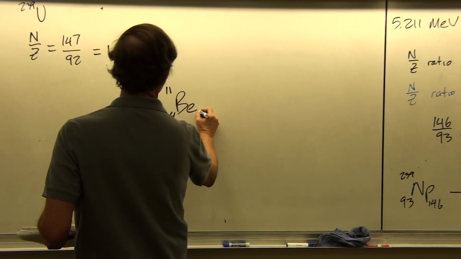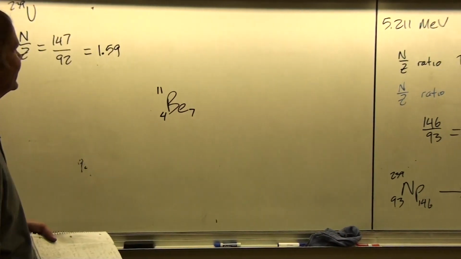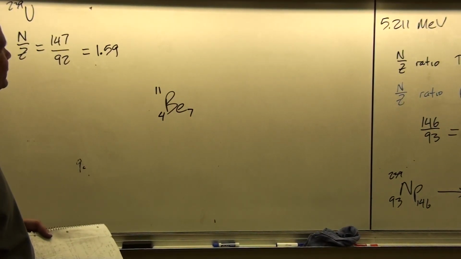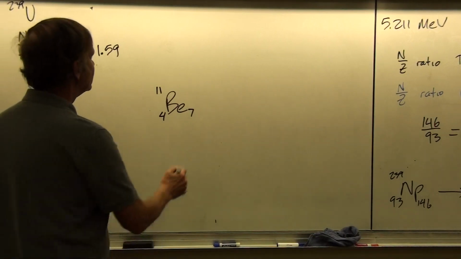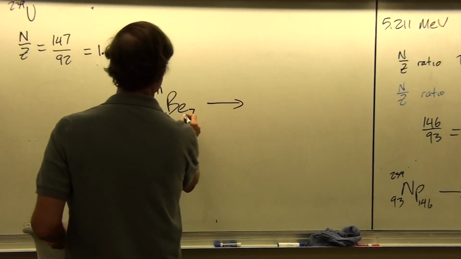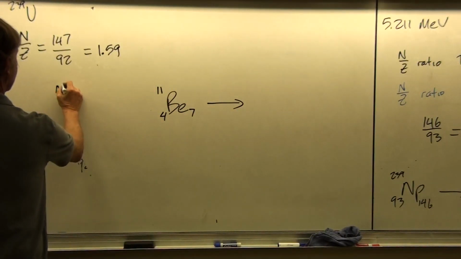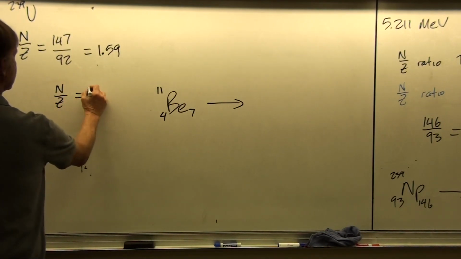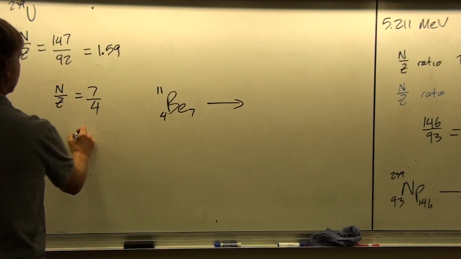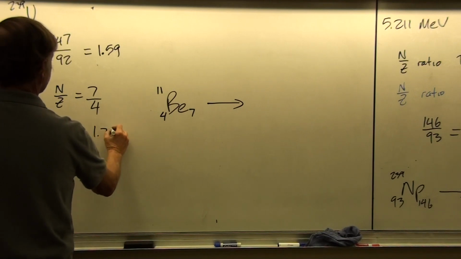Now normally the number of neutrons would be 5, but in this case we'll give it 7. Okay, so that's an unstable isotope of beryllium. And so that's going to want to, because the neutron to proton ratio here, N over Z, is 7 over 4. So that's equal to 1.75.